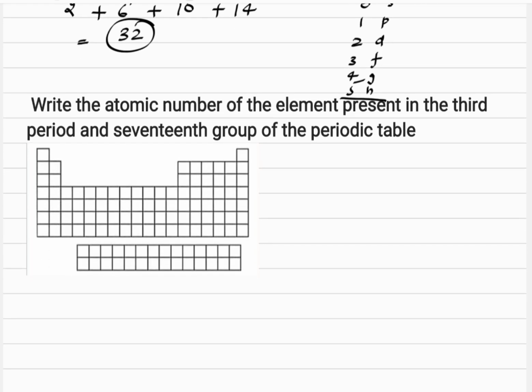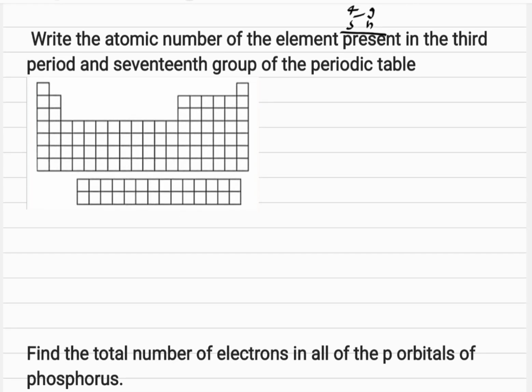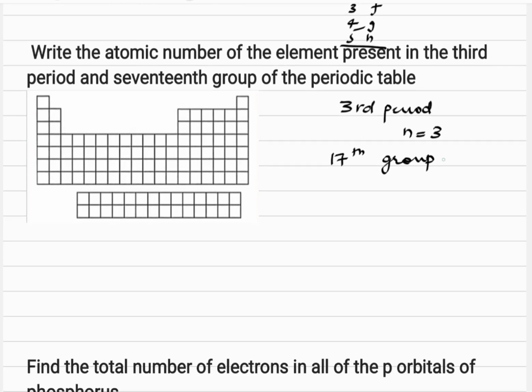Moving on. The next question is, write the atomic number of the element present in the 3rd period and 17th group of the periodic table. 3rd period, that means n equals 3, and 17th group. Okay, so 17th group means the second last group of the periodic table, right?